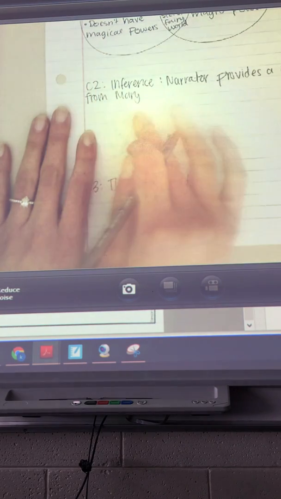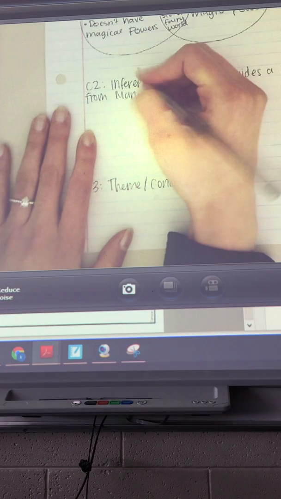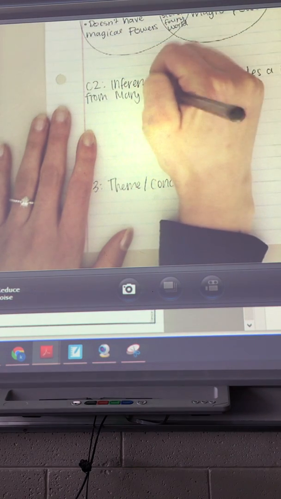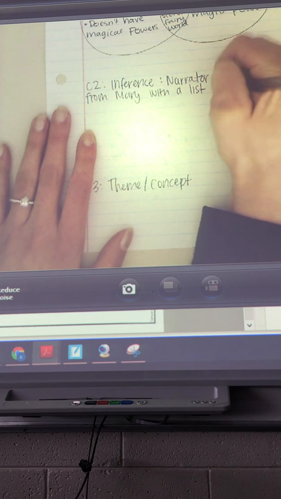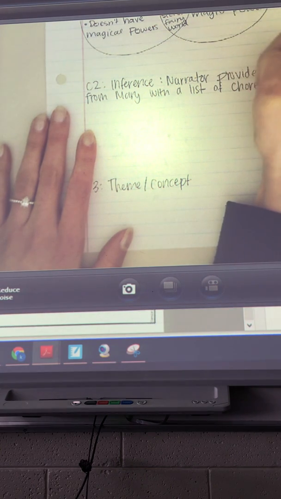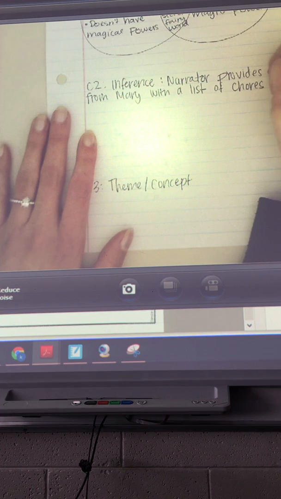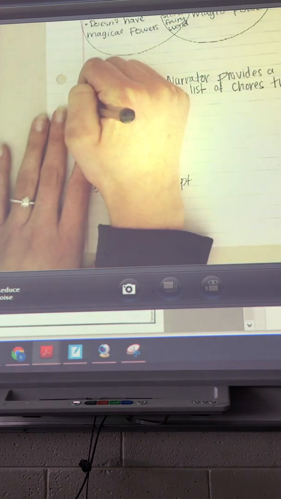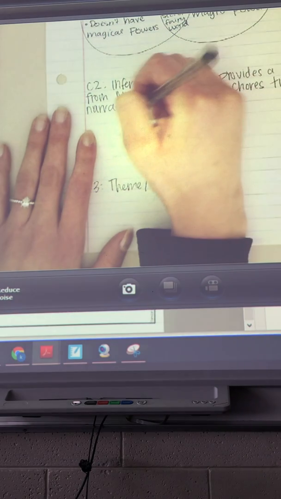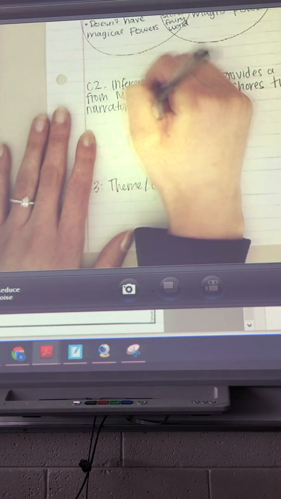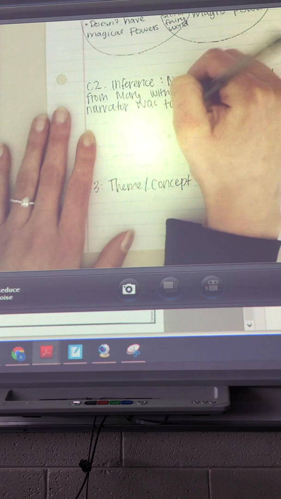I'm going to write from Mary just to save some space. From Mary with a list of chores the narrator was to complete for her.